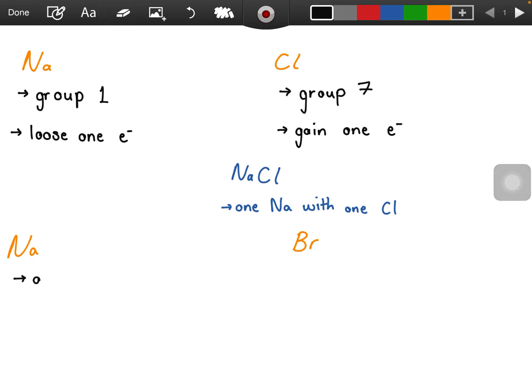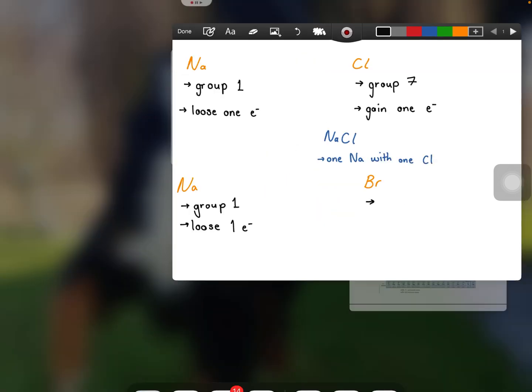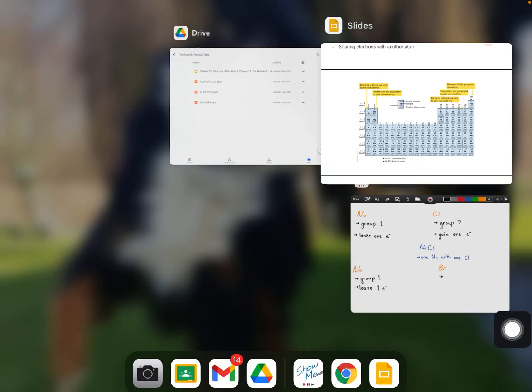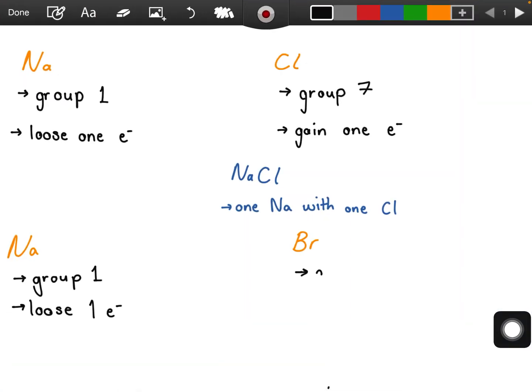So again, this one is group 1. So what does that mean? It wants to lose one electron. And this one, bromine, well, let's have a look at what group it is. So it's group 7 again, which means it's going to react the exact same way as the Cl did with the Na.